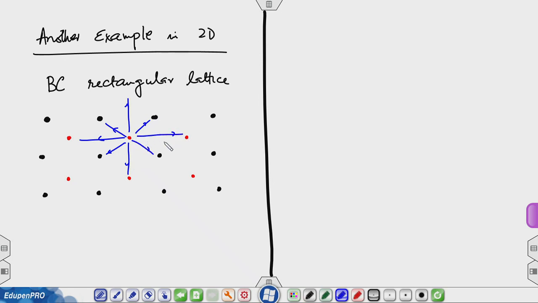And draw their perpendicular bisectors. So, this is how it is going to be here, this is how it is going to be here, this is how it is going to be here.